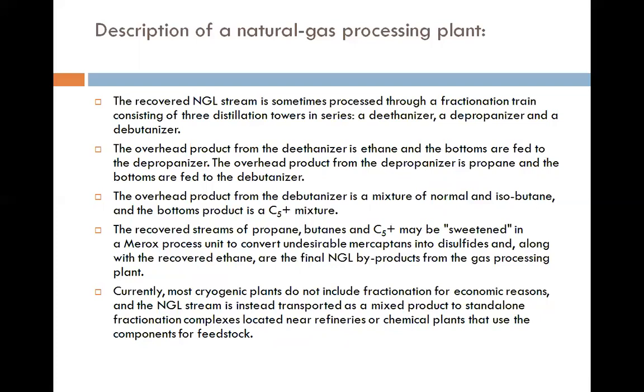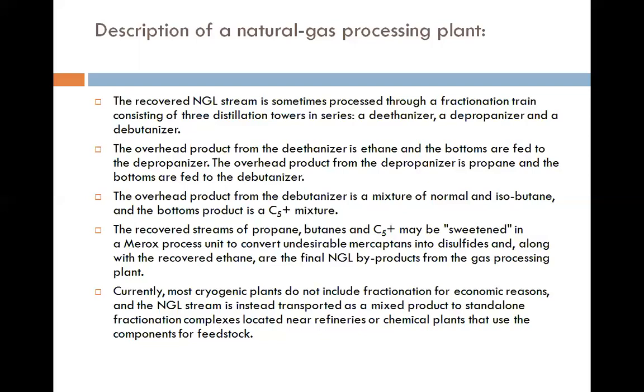In the debutanizer, normal butane and isobutane are removed and the C5 plus mixture is sent to storage. The recovered streams of propane, butane, and C5 plus may be sweetened in a Merox process unit to convert undesirable mercaptans into disulfides, and along with the recovered ethane, they are the final NGL byproducts.